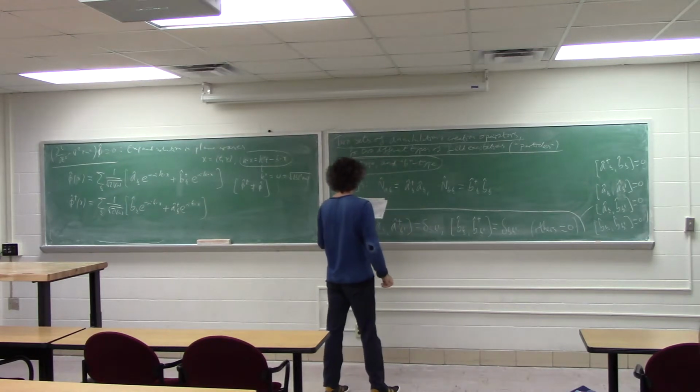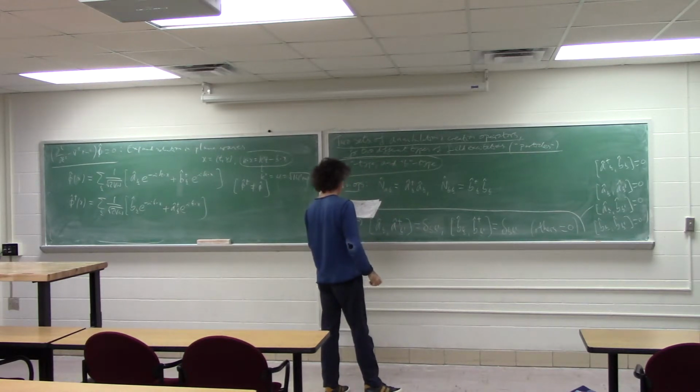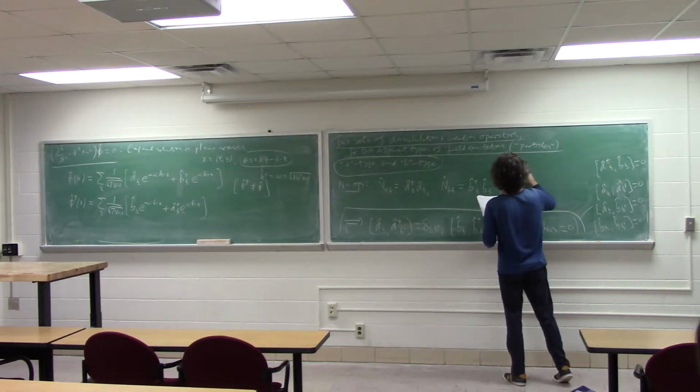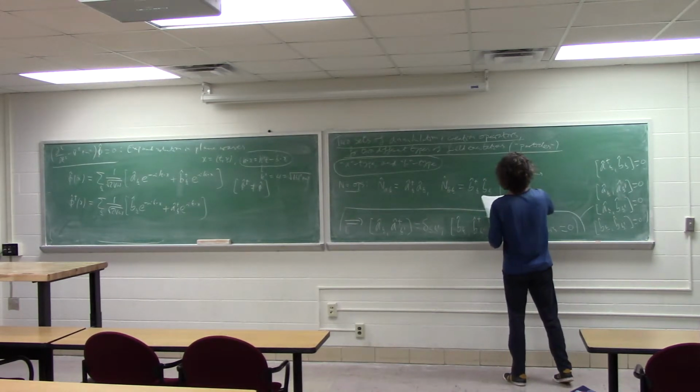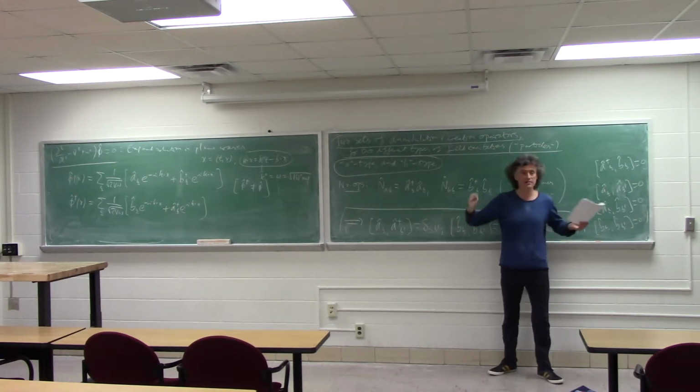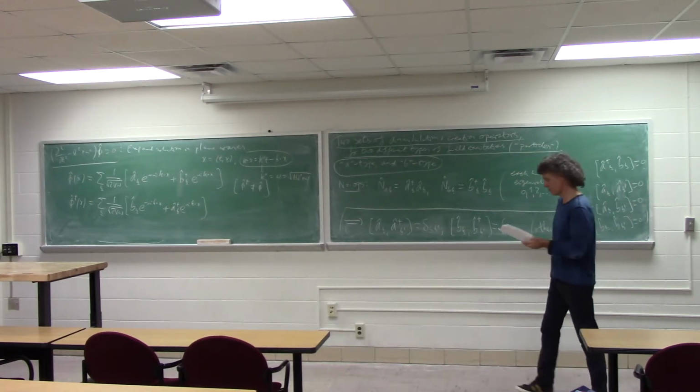A dagger A, B dagger B. And again, each of these number operators has eigenvalues 0, 1, 2.